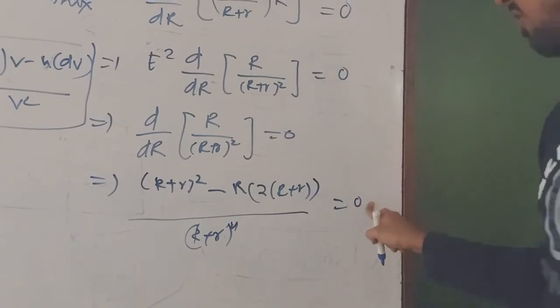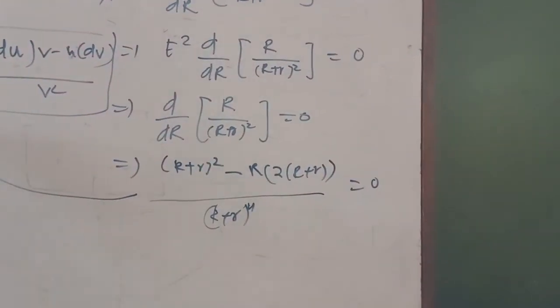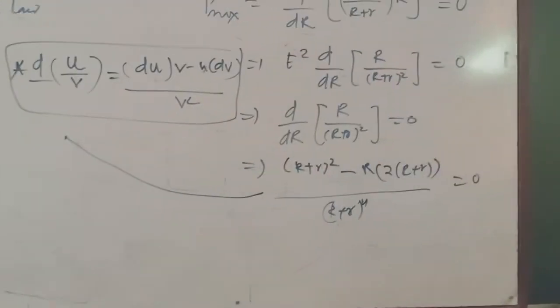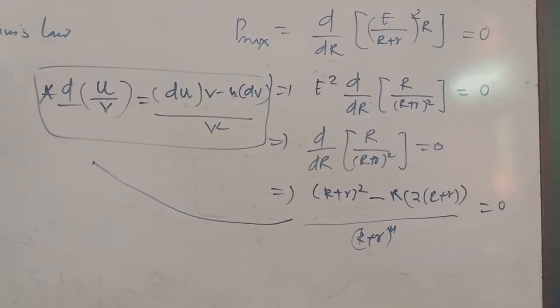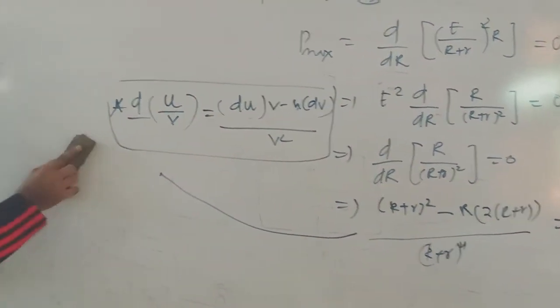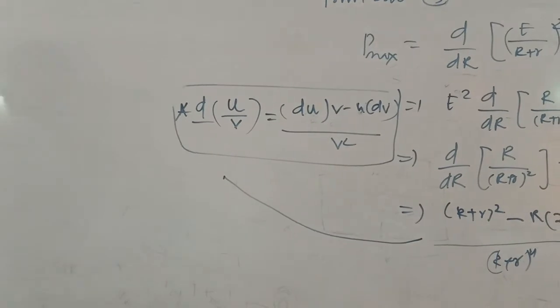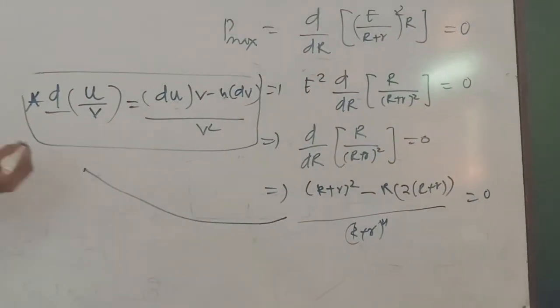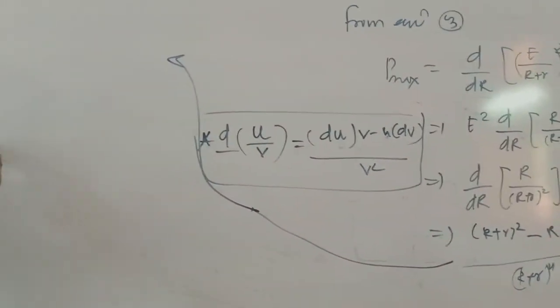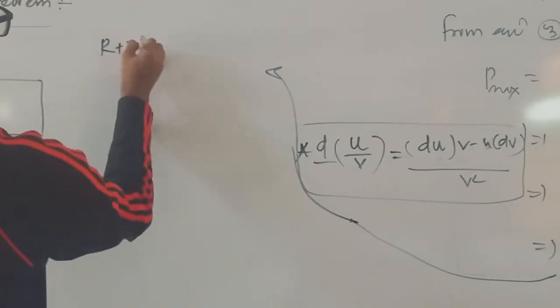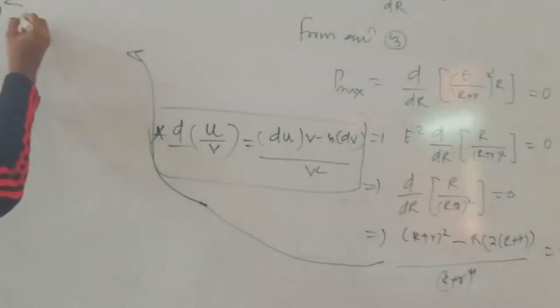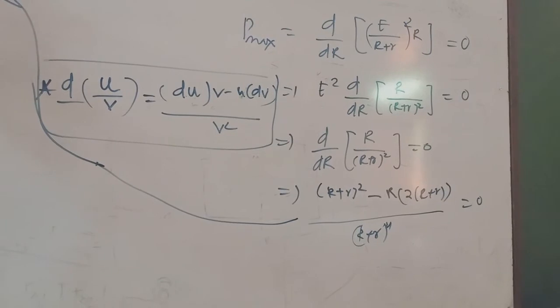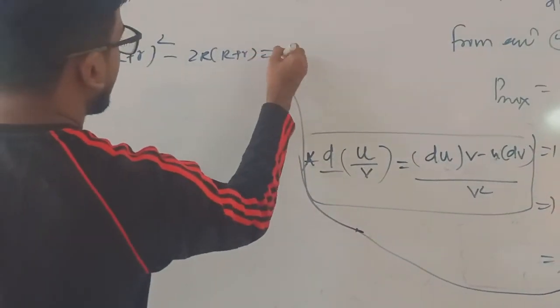So by cross multiplying, from this we will get (R plus r) whole squared minus 2R into (R plus r) equal to 0.